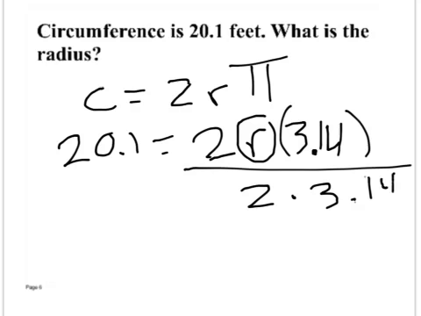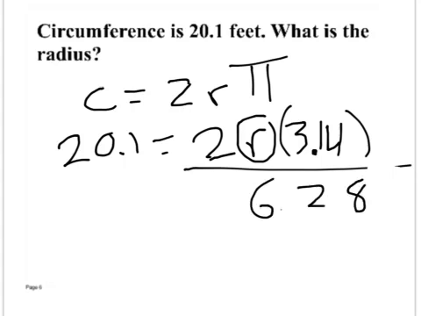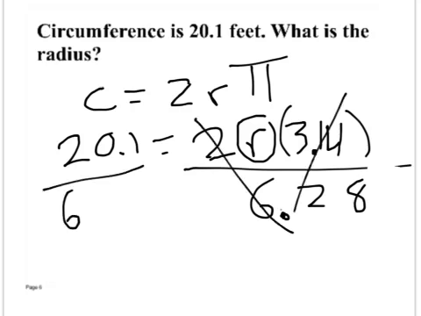What I'm going to do first is multiply 2 and 3.14. 2 times 3.14 is 6.28. So I'm going to divide by 6.28. It'll cancel the 2 and the 3.14. So I'm going to take 20.1 divided by 6.28.